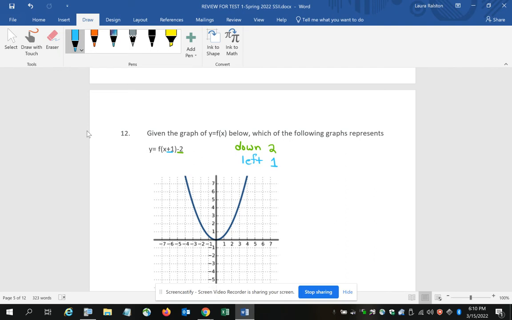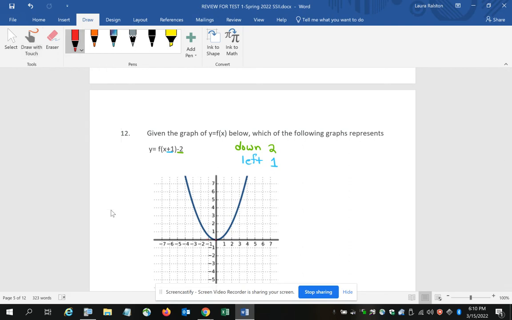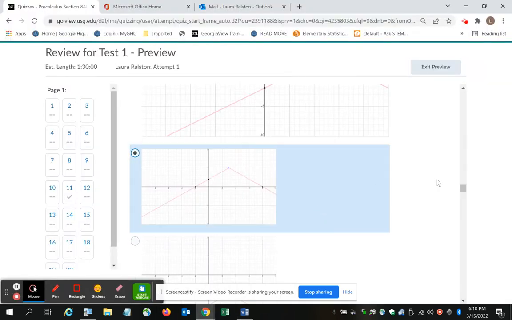So if I think about this, this graph is originally centered at 0, 0, and I want to take it left 1 and down 2, my new center point is here. It doesn't seem to indicate that we have a reflection, so we would just have that basic graph. So if you think through what the transformations are before you start, that's question 12.